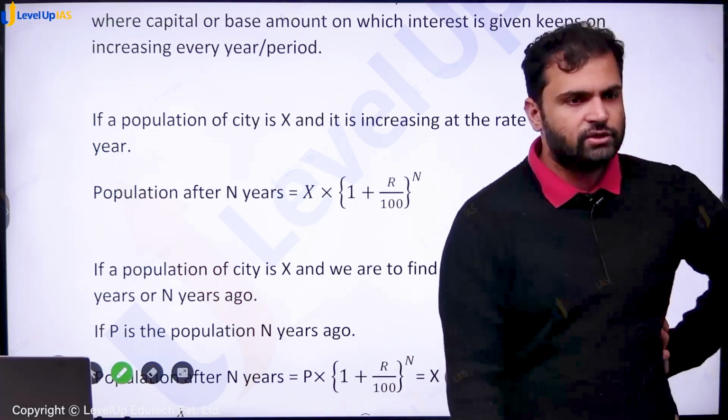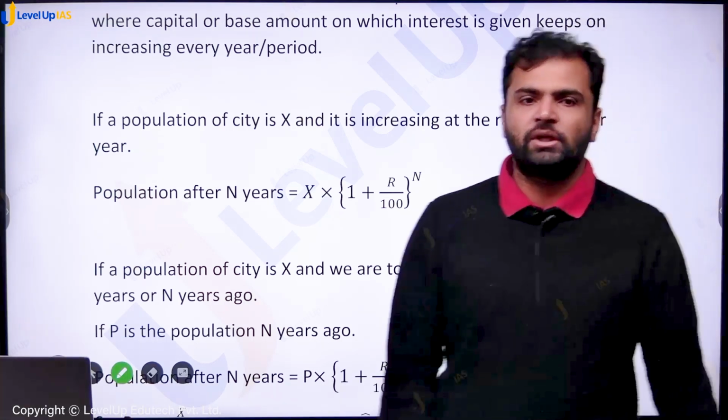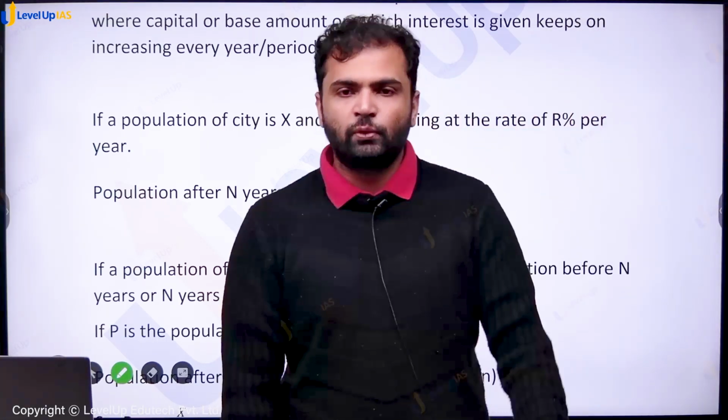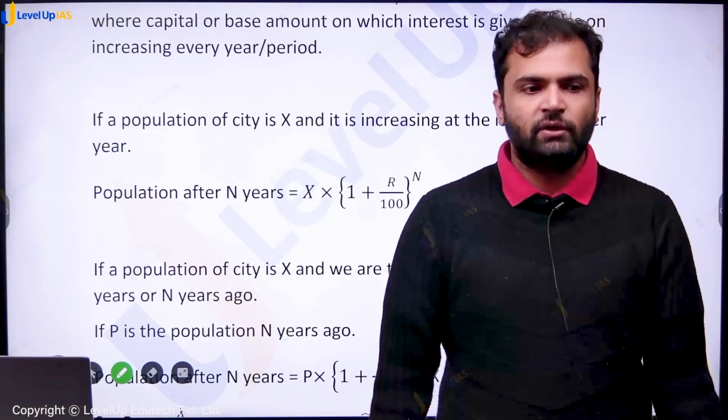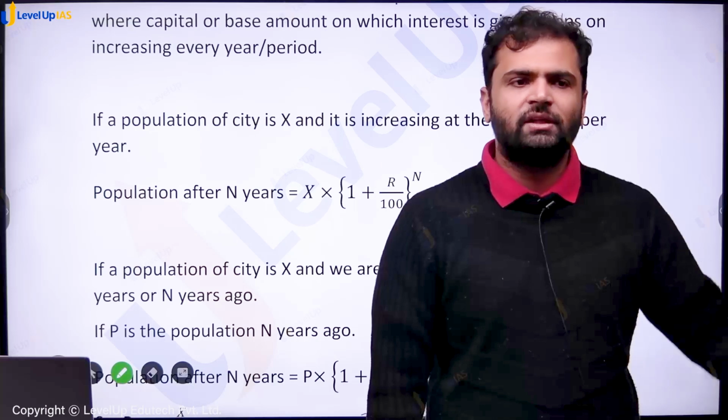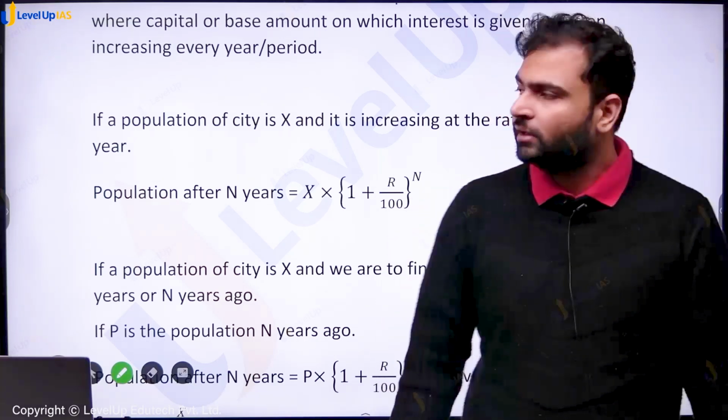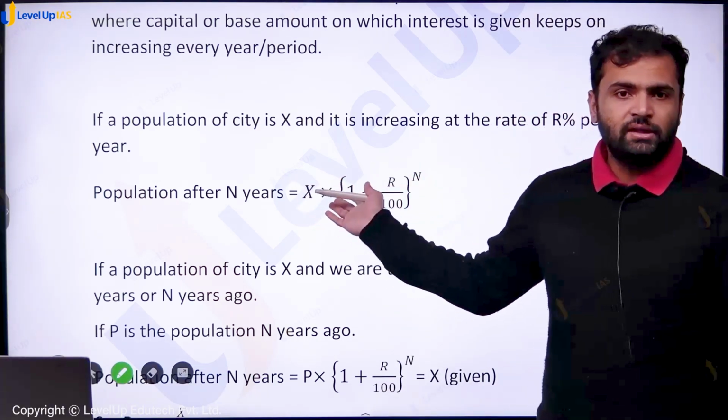And there is one variation of the question, that if we are given population today and we have to calculate population sometime in the past, then what we do, we assume that population in the past was x, put that in this formula.